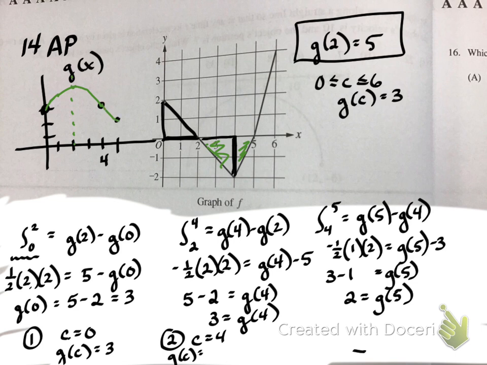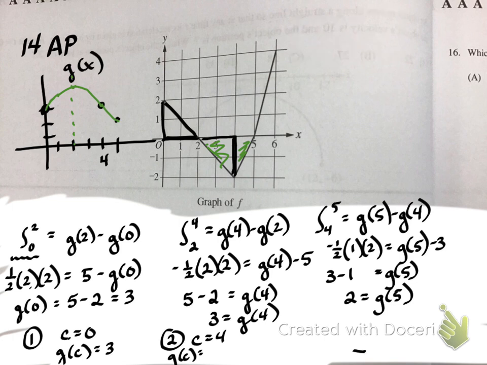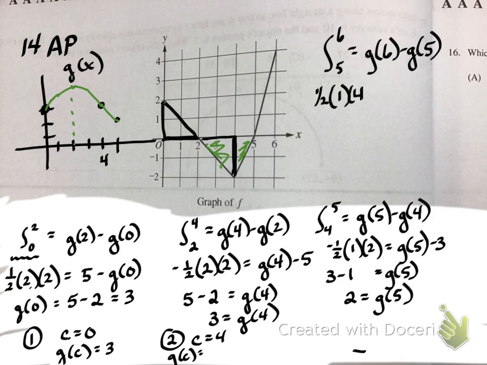And I'm really running out of room, but let's do it up here. We have one less region to look at between 5 and 6. So that's g of 6 minus g of 5. That's a positive area, 1/2 the base times the height.